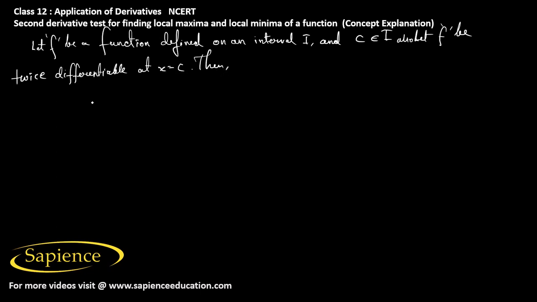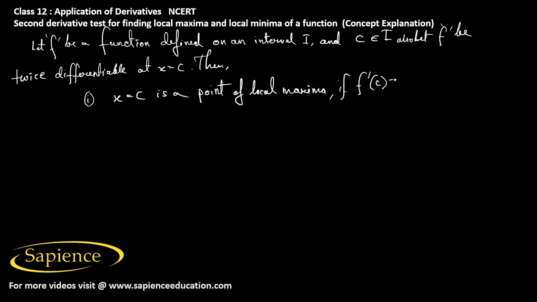Then the first rule is that x equal to c is a point of local maxima if f dash c is equal to 0, and f double dash c, the second derivative of the function f of x at x equal to c, is less than 0.